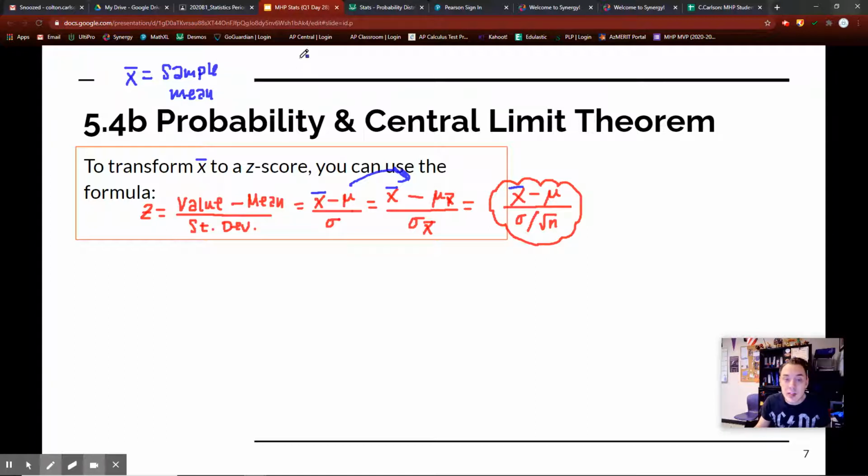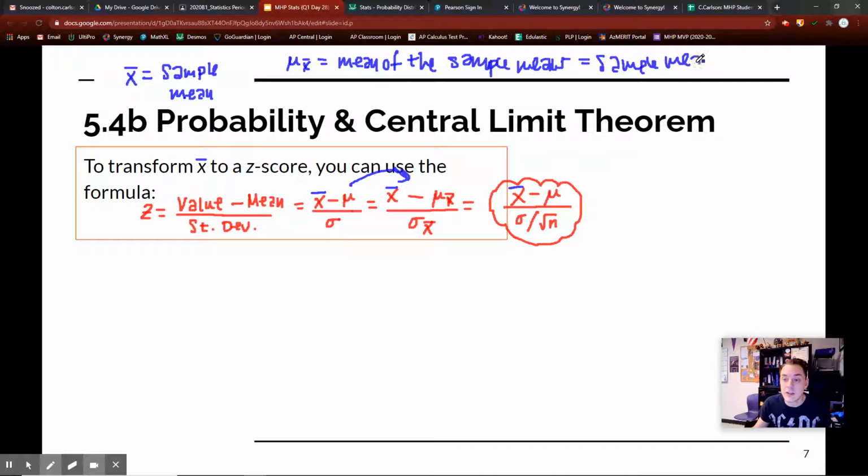But when we find the mean of this sample mean, it is what we call mu sub x bar. So this is the mean of the sample means, and sometimes we just simply call this the sample mean as well.